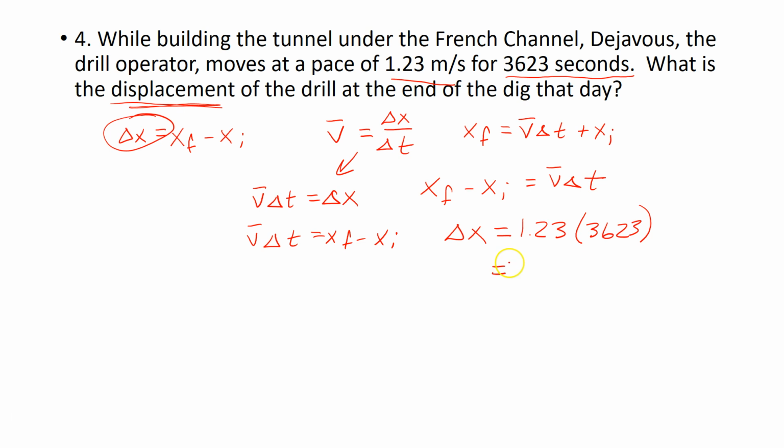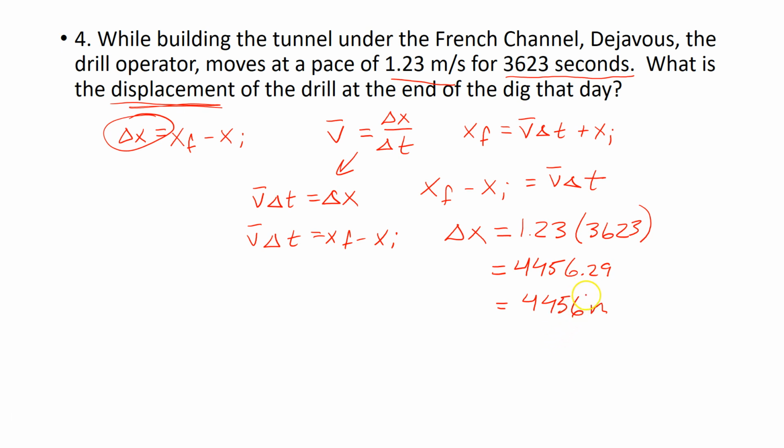If you multiply the two together, you should end up for number 4 with the number 4456.29. And we probably need to put that into just 4 numbers, since we've got 4 here and 3 here. So it would make sense to do 4 numbers. So 4456, and then that would be in meters. And that would be the displacement of the drill.